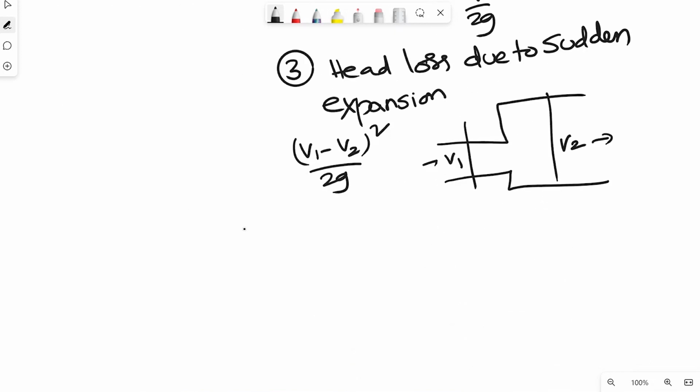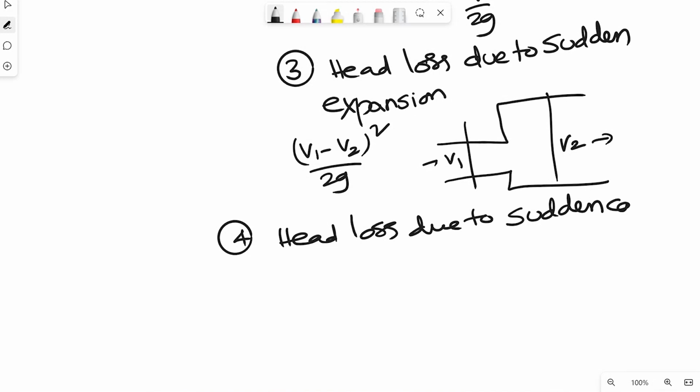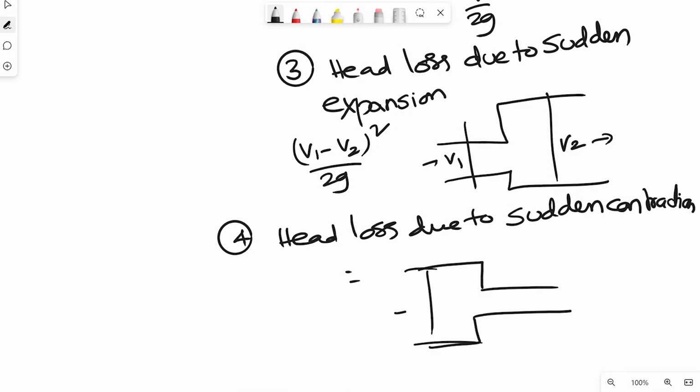Then the fourth one, head loss due to sudden contraction: suppose here it is V1, here it is V2, then it is 0.5 V2 squared by 2g.